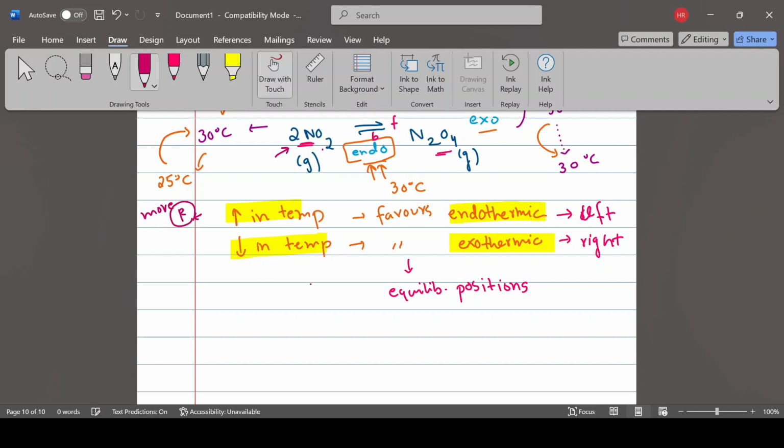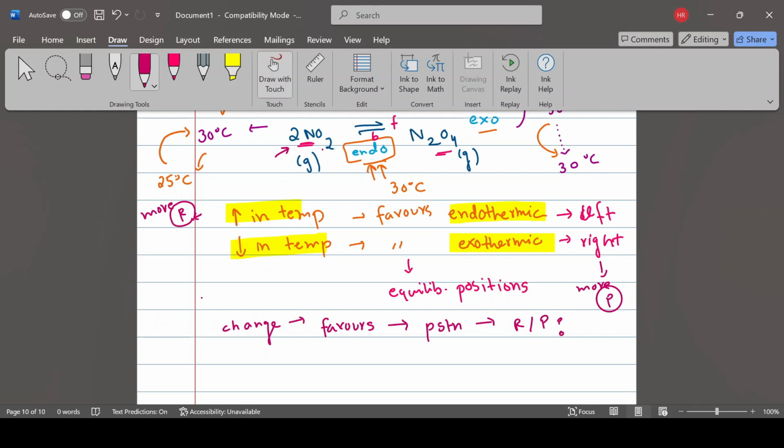If we talk about decrease in temperature, that favors exothermic reaction, which shifts the equilibrium to the right side, that would mean that more N2O4 is produced, or more product will be produced, right? So we start with what change has happened. Then we go to the point of what type of reaction it is going to favor. Is it favoring the forward reaction or the backward reaction? How is it going to affect the position of the equilibrium? And is it going to cause an increase or decrease in the amount of the reactants or the products? Right? Is everything clear up till this point?